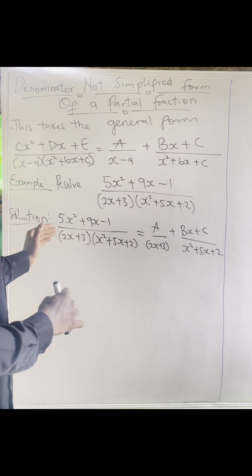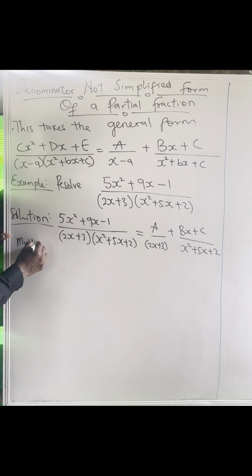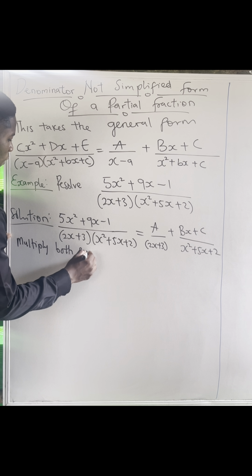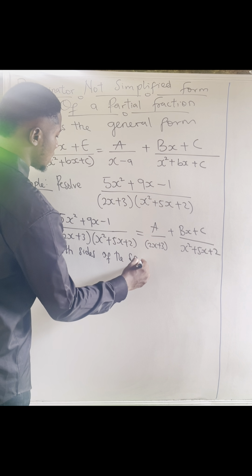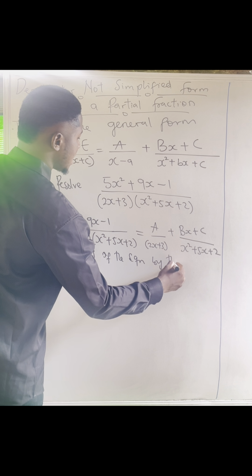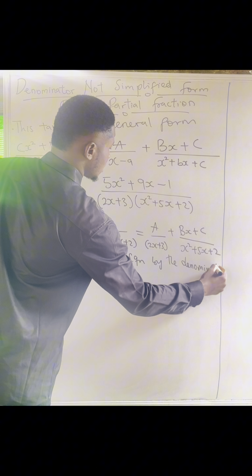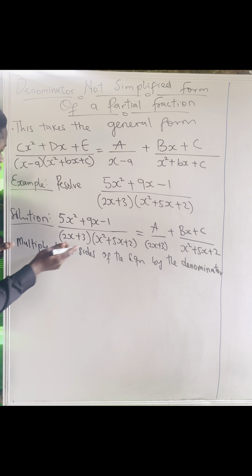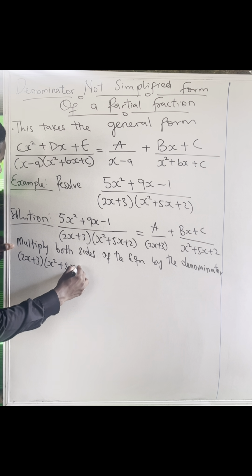So the next thing I'm going to do now is that I'm going to multiply both sides of the equation by the denominator, 2x plus 3 times x squared plus 5x plus 2.